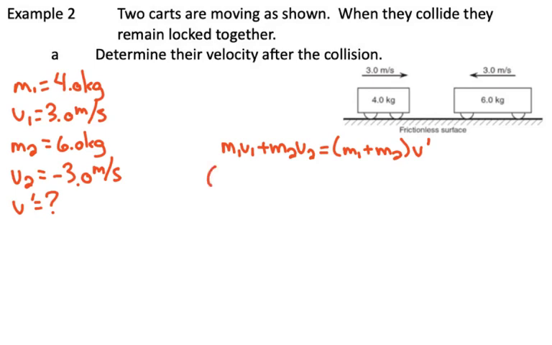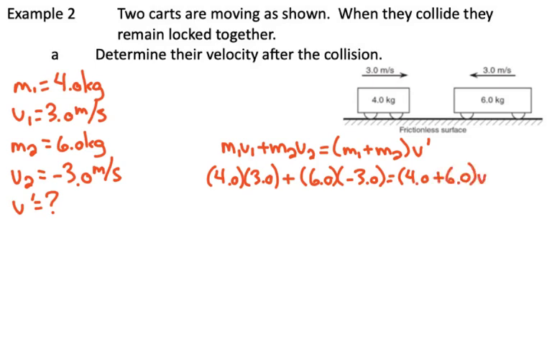Substituting in, M1 is 4.0, V1 is 3.0, M2 is 6.0, V2 negative 3.0, and that equals 4.0 plus 6.0 times V prime.